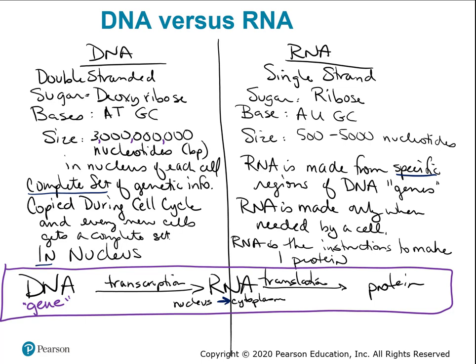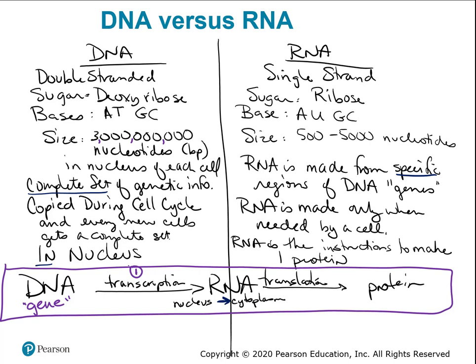The step that does this is called transcription. So all we're going to do is take one sequence of DNA and convert it to a sequence of RNA. This happens in the nucleus, because that's where the DNA is.